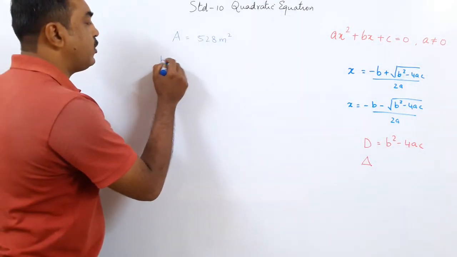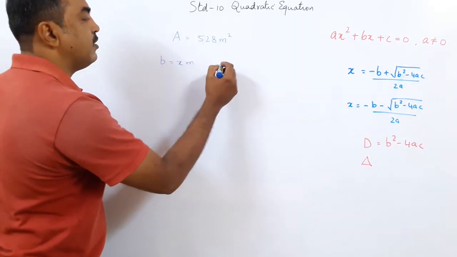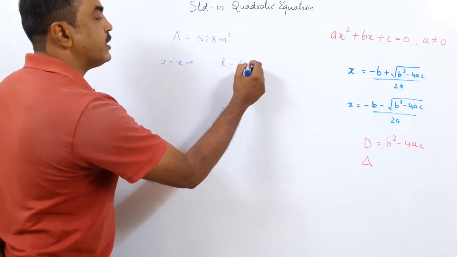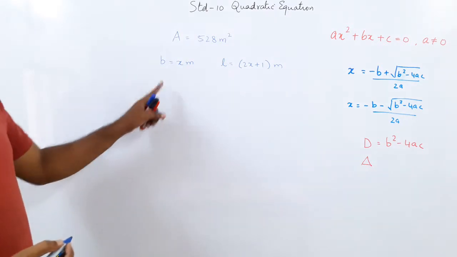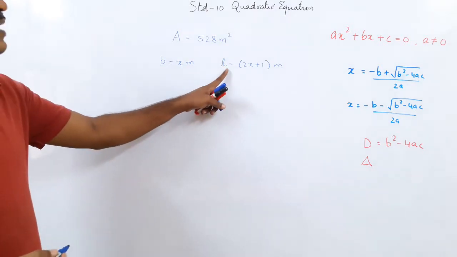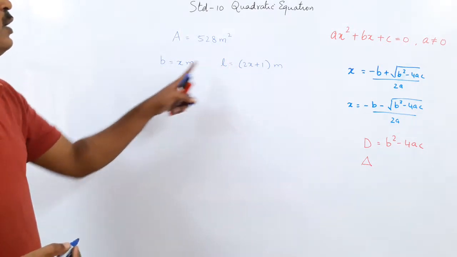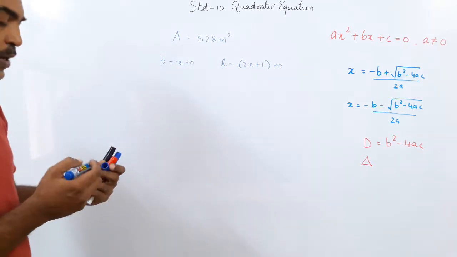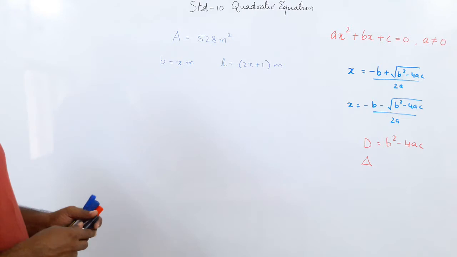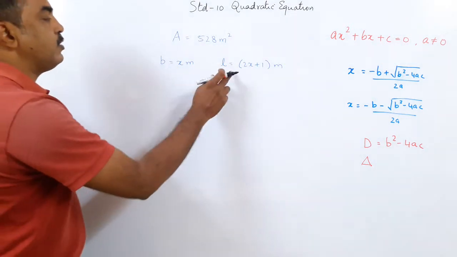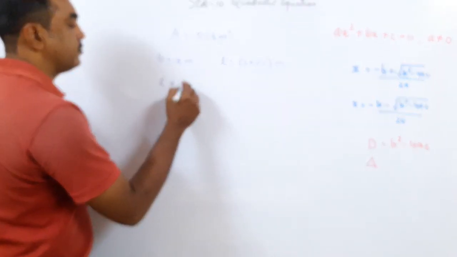So if we take the breadth to be x meter, then the length was 2x plus 1 meter. The area is 528, and we had to help him find the length and the breadth. Now we know length into breadth equals area.